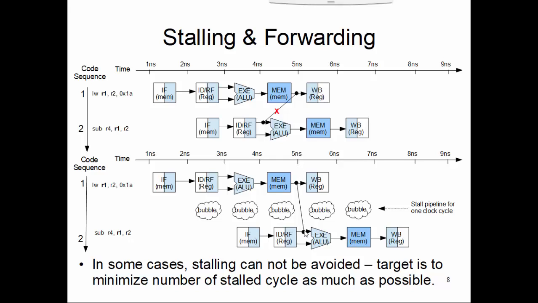So data forwarding is possible. In this case, instead of stalling for 5 complete cycles to wait for write back to happen, we stall for just 1 clock cycle and shift the execution of the next instruction in such a way that the timeline of data production and data consumption becomes in phase with each other, so that we can forward that data.